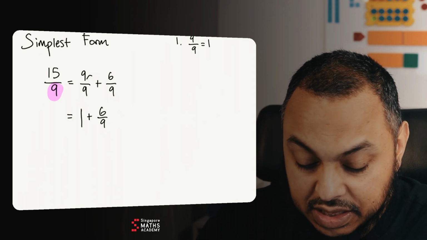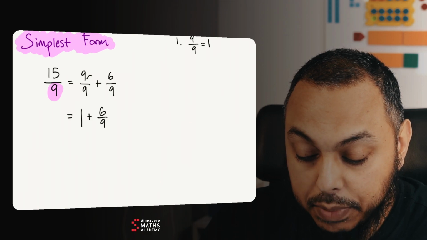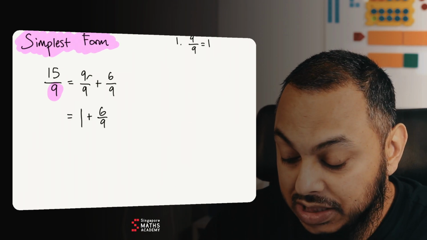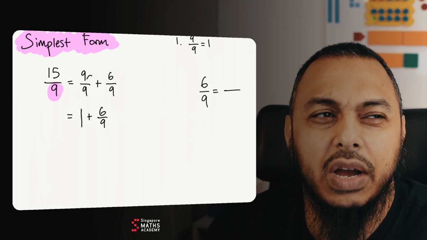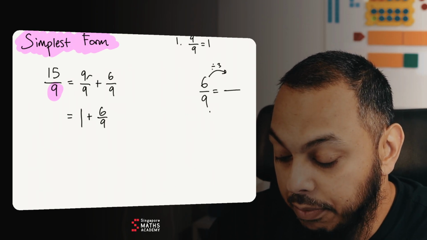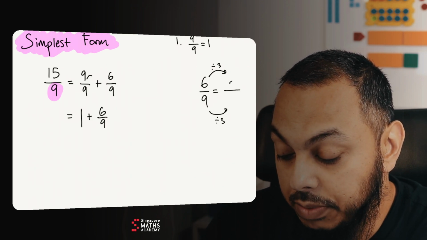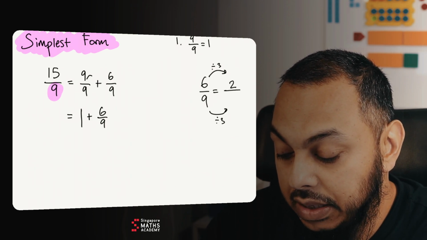But in this question, I've written down, write down your answer in its simplest form. So we know 6 ninths is equal to, what number can I divide both 6 and 9 by? What's the largest number? I can divide both of them by 3 to simplify. 6 divided by 3 is going to be 2, and 9 divided by 3 is going to be 3.